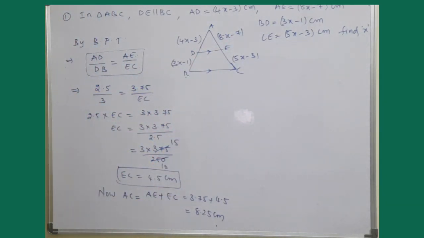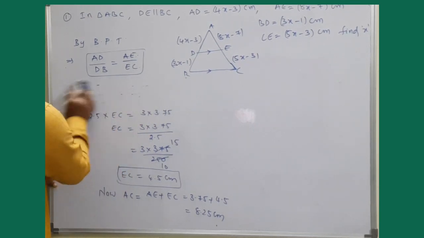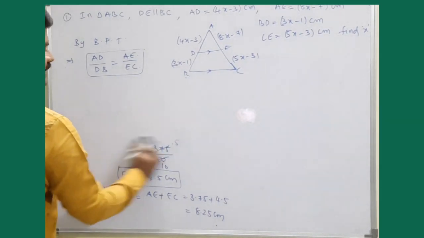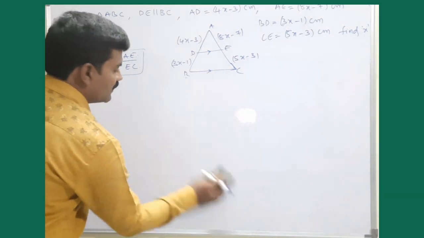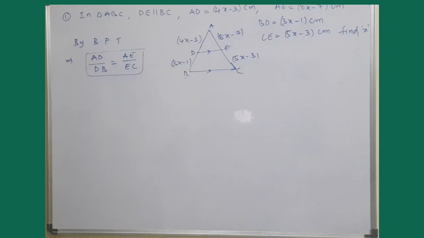Very simple this is. So first of all, write down the condition for BPT. According to BPT, the condition is AD by DB, which is equals to AE by EC.